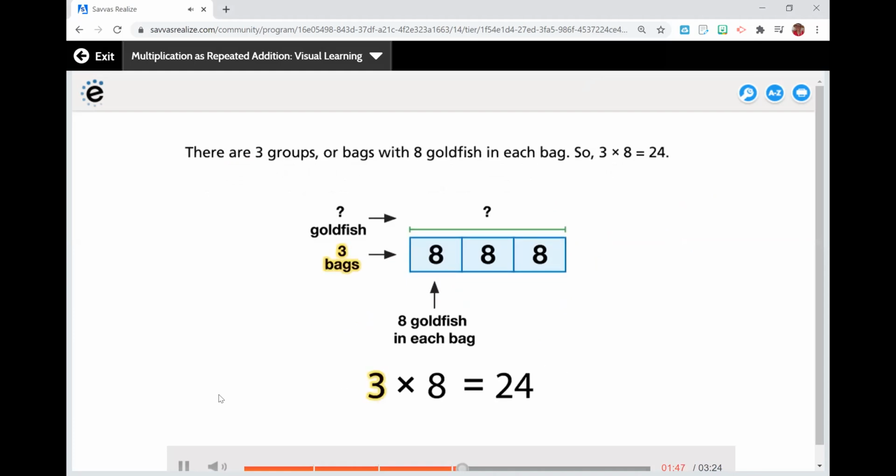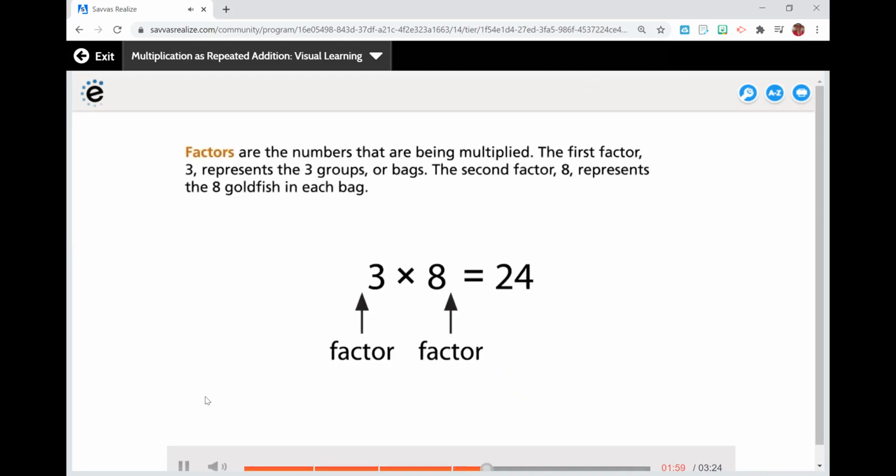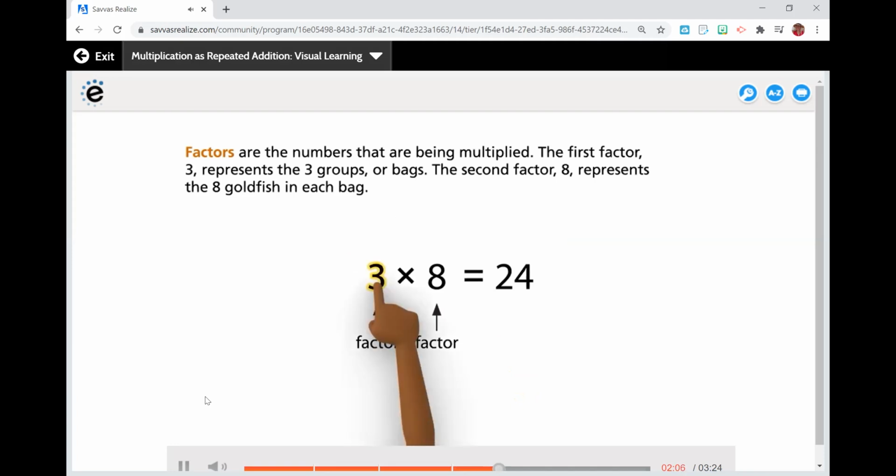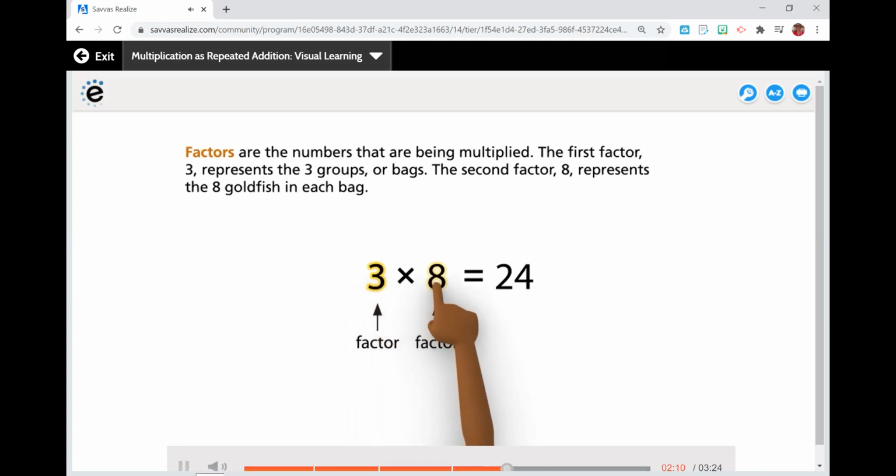There are 3 groups or bags with 8 goldfish in each bag. So 3 times 8 equals 24. Factors are the numbers that are being multiplied. The first factor, 3, represents the 3 groups, or bags. The second factor, 8, represents the 8 goldfish in each bag.